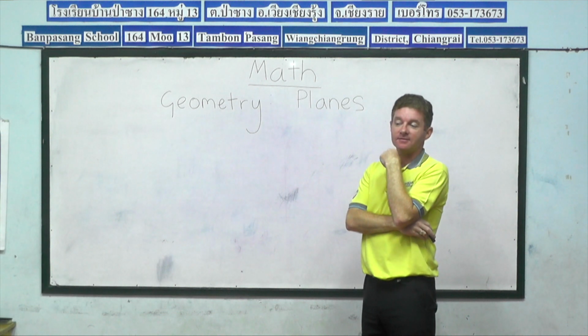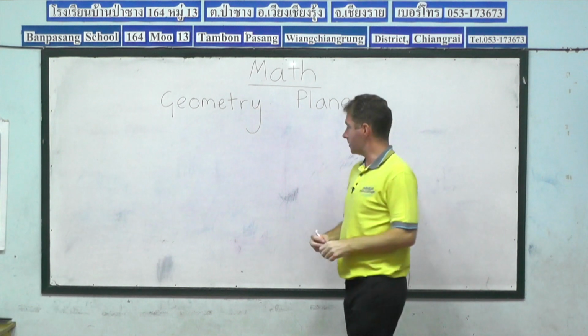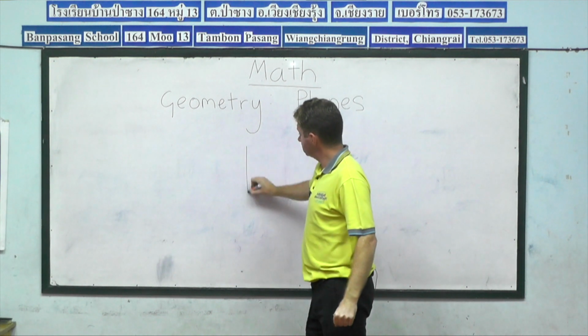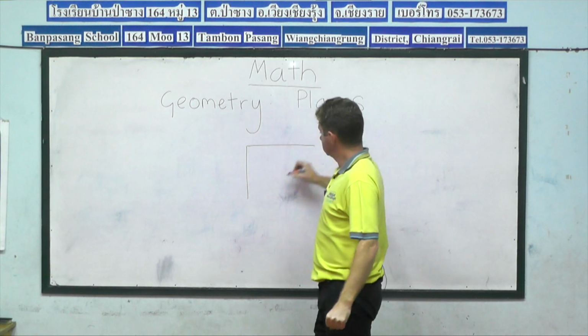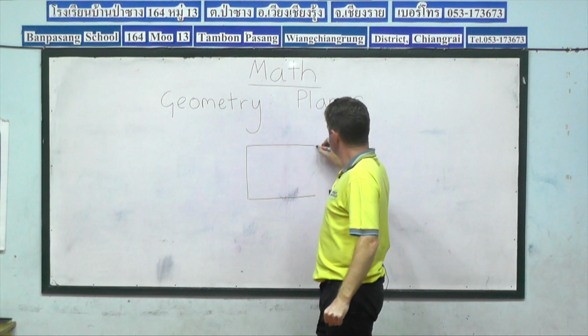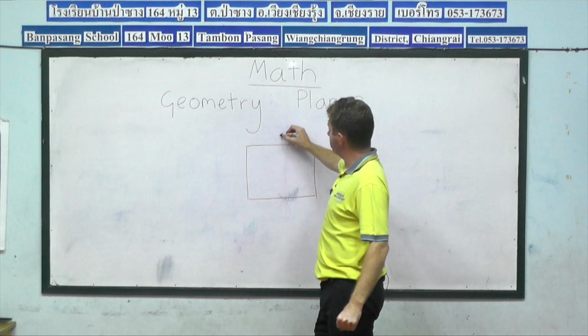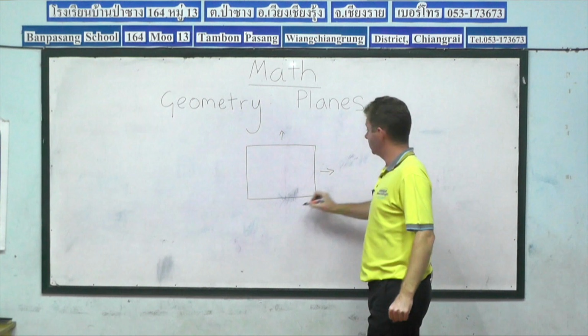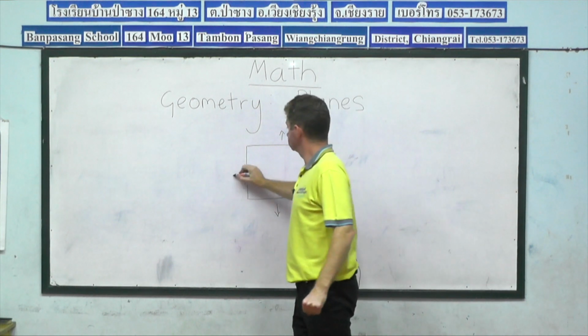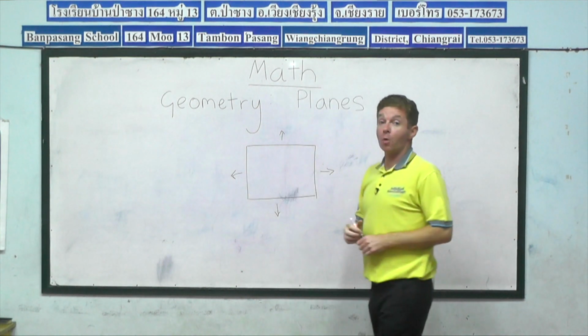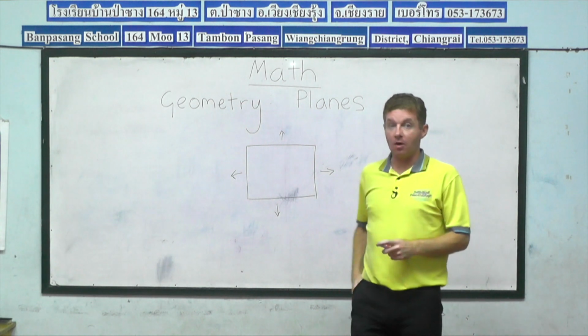How many sides? 4. Remember? So we have 1, 2, 3, 4. And remember, a plane carries on in all directions. So what we need now inside our plane are some points.